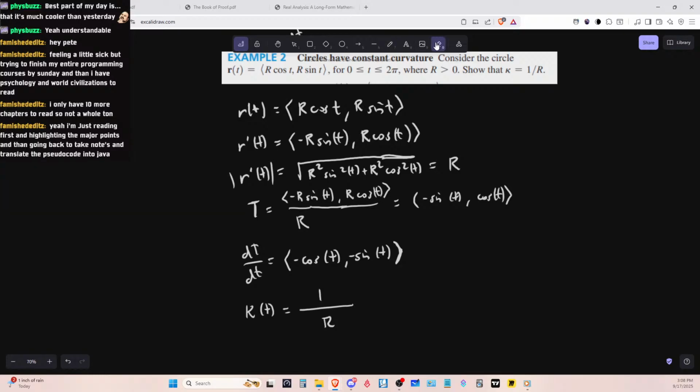Well, actually, it's supposed to be r sine. Now we got to do the magnitude, so this would just be 1 in this case, because we multiply these two and it turns out to be 1. So there's 1 on here, and then this one is just purely r.